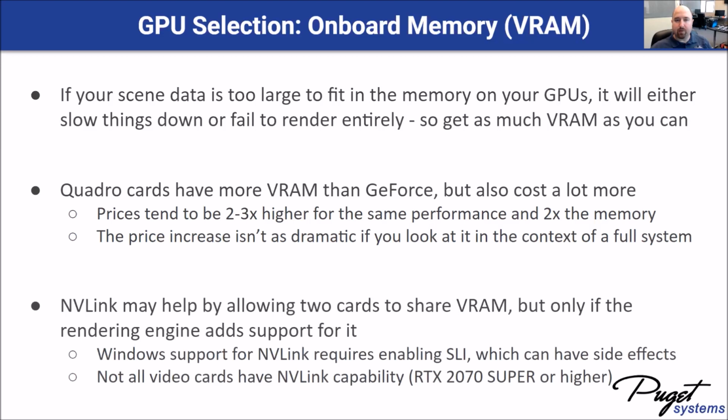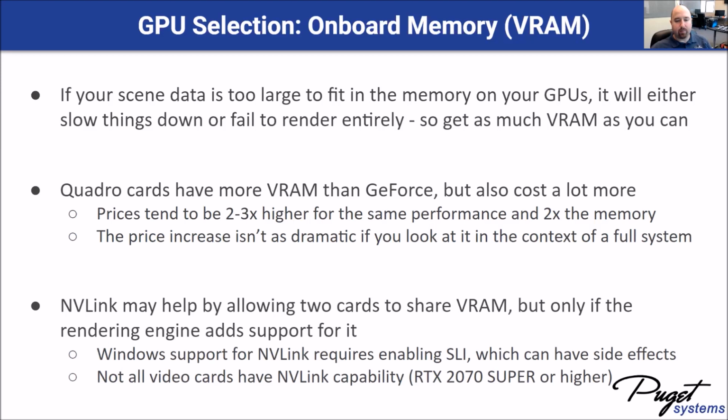It's also worth keeping in mind, and again, this is something that none of the current rendering engines do right now, as far as I know, but I believe they're all working on developing it, is NVLink. When that becomes something that those engines use, if they're able to utilize it to share memory, which is what everybody seems to be expecting and aiming for, that will help alleviate some of the memory limitations as well.